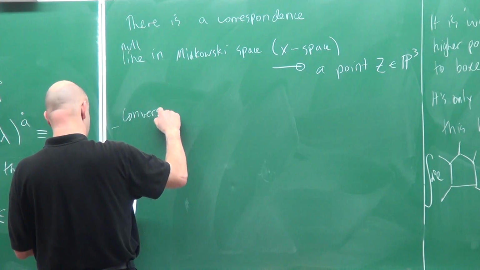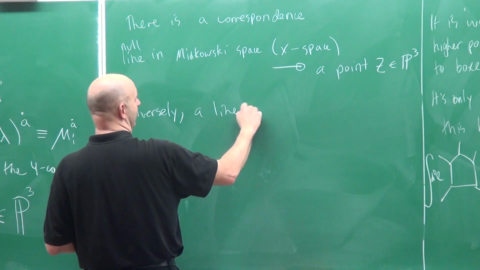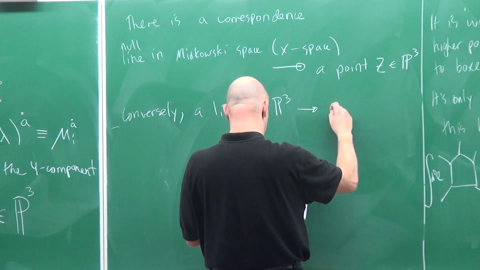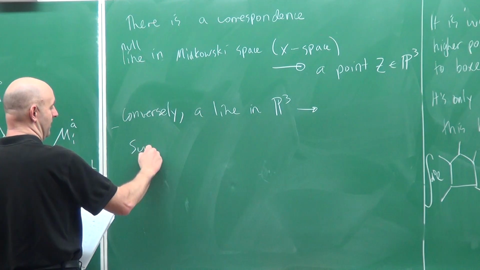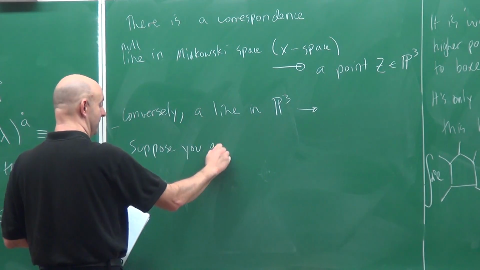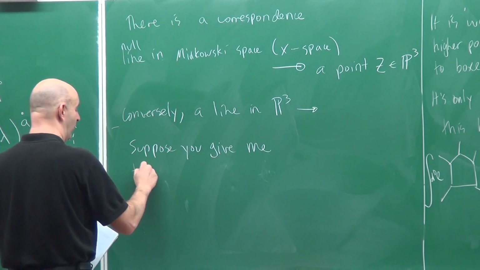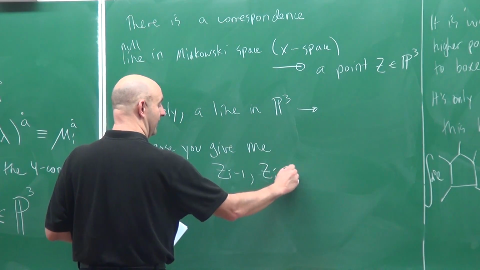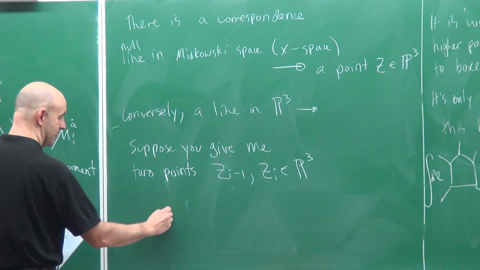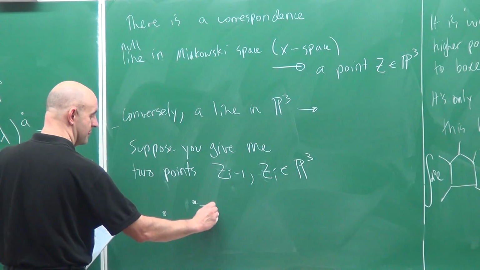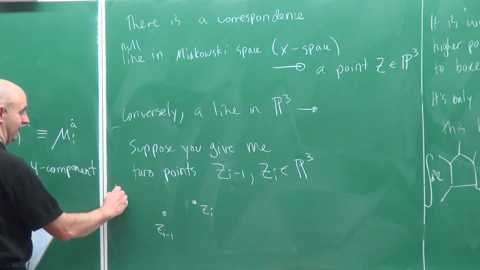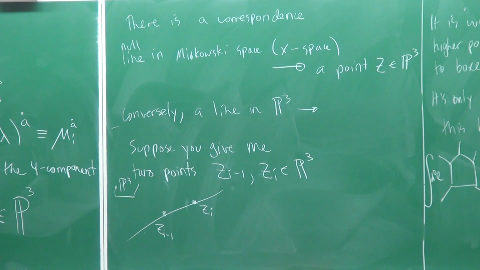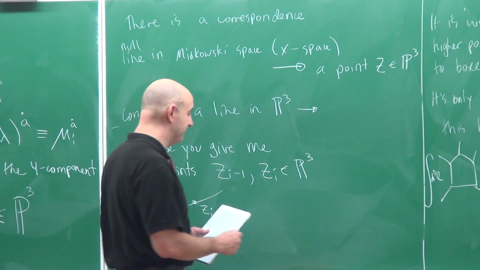And conversely, a line in P3 corresponds to, well, let's see what it corresponds to. Suppose you give me 2 points, Z_{i-1} and Z_i in P3. Okay, so these are 2 points in P3. And I can consider them to define a line, naturally.